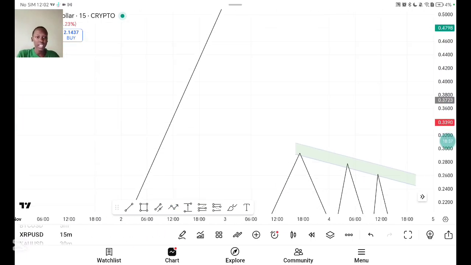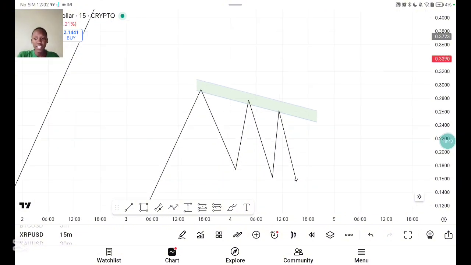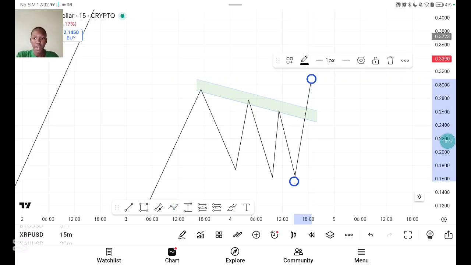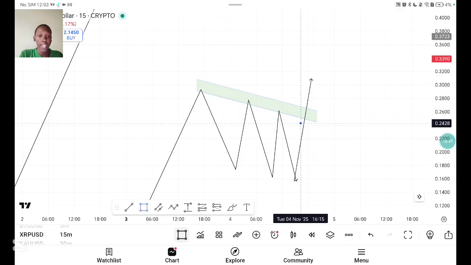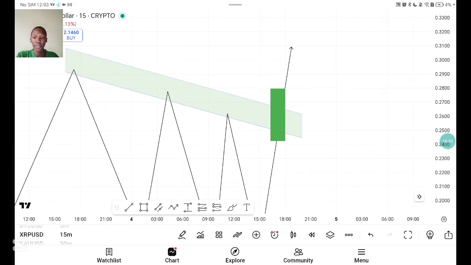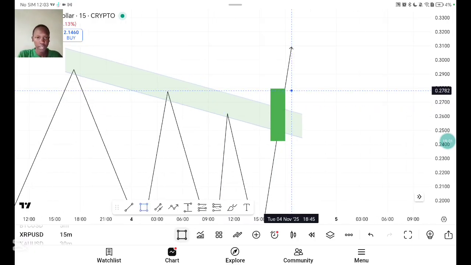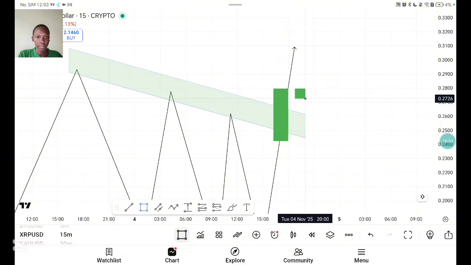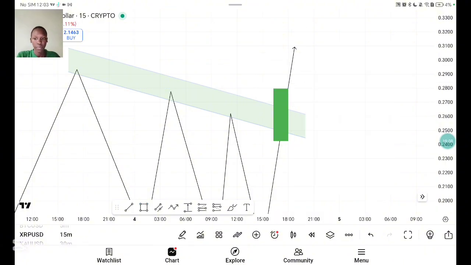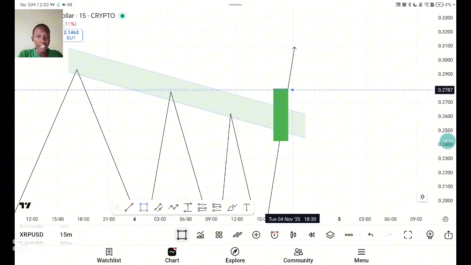So let's go to the second scenario. You'll be waiting for the price to close above with a bullish candlestick. After it closes above, you wait for a little retracement.